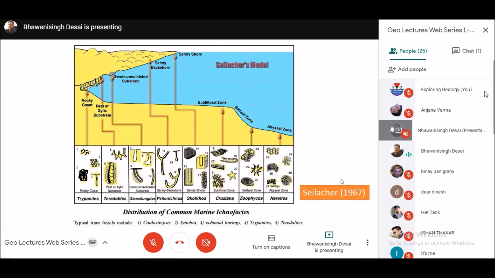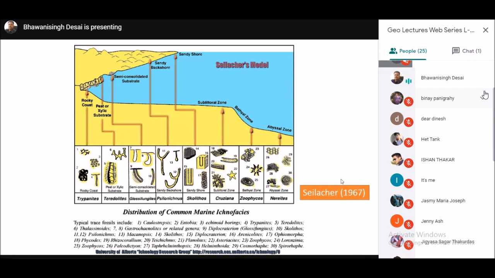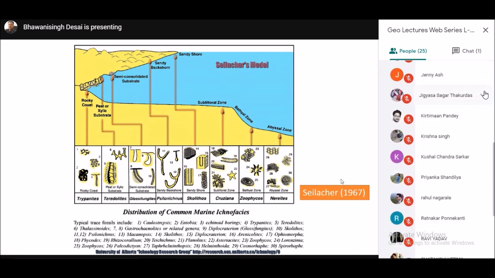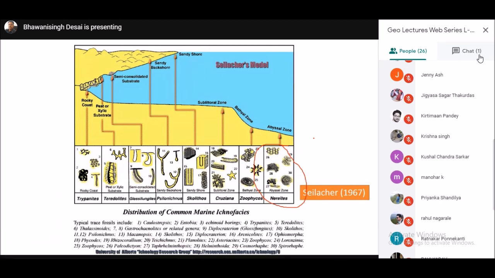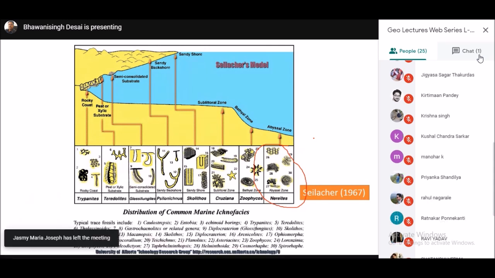Suppose I'm finding in a fine-grained sandstone a lot of Nereites-type trace fossils, then I can easily interpret that this rock was deposited in a relatively deeper environment, that is the abyssal zone. So this is the way in which it works.